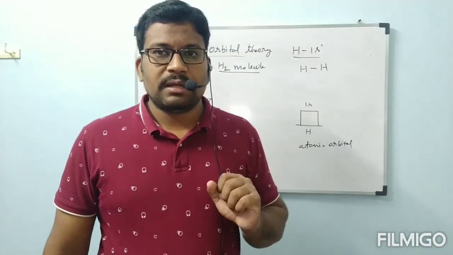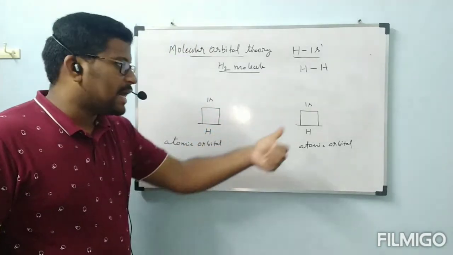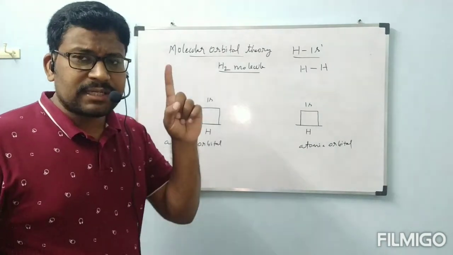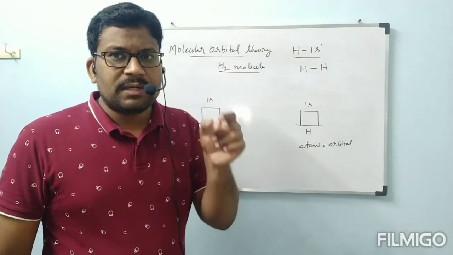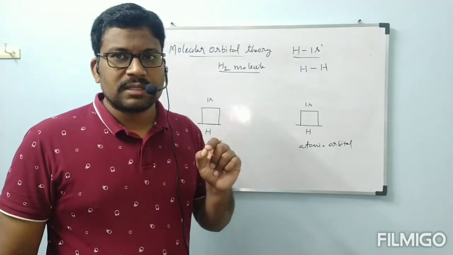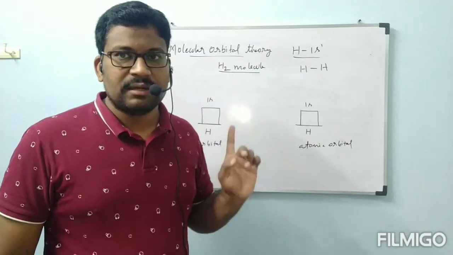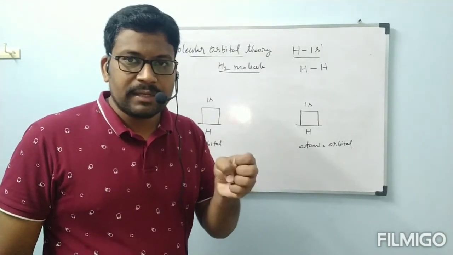That's why I took the atomic orbital of one hydrogen and the atomic orbital of another hydrogen. In hybridization, orbitals of the same atom undergo hybridization. That is the only difference. But here, orbitals of different atoms combine.